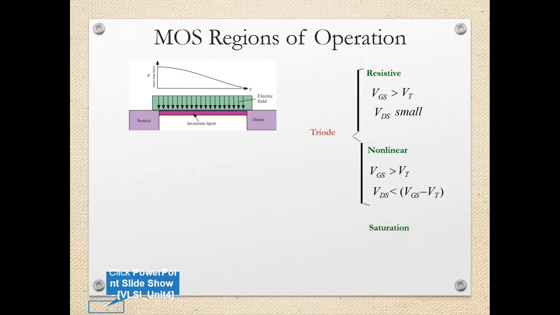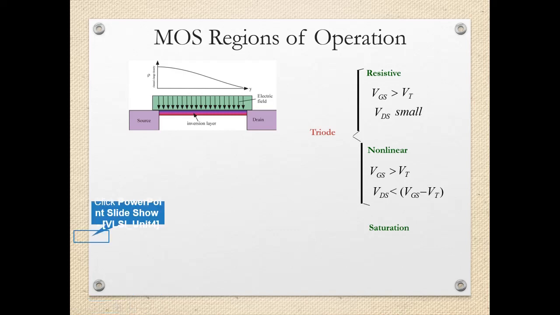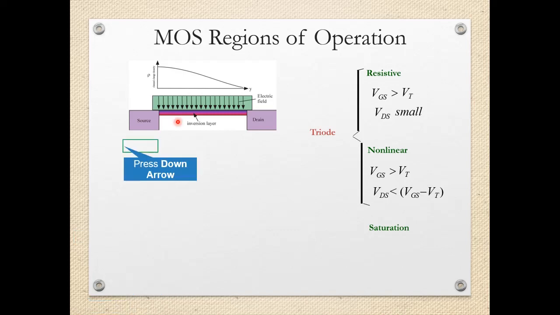This VGS is greater than VT. So N channel is induced. You can see the blue region over here. So this is that blue region. You can see it is shown as inversion layer. So this is established.